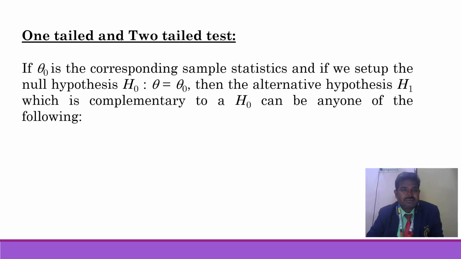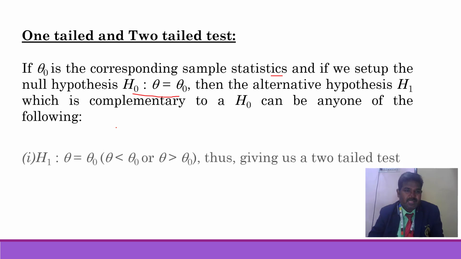Next definition is one-tailed and two-tailed test. If theta naught is the corresponding sample statistic, and if we set up the null hypothesis H0 as theta is equal to theta naught, then the alternative hypothesis H1, which is complementary to H0, can be any one of the following.